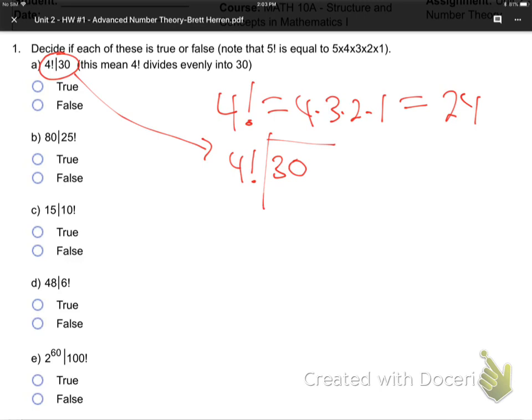Yes or no? No, it doesn't, because 4 factorial is 24. It goes in once, but it has a remainder of 6, and we're trying to go in evenly with no remainder. So the answer is false.